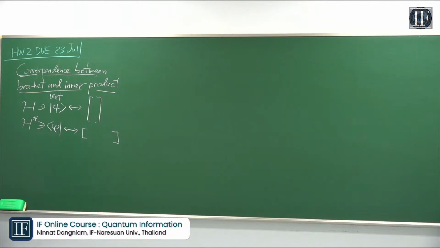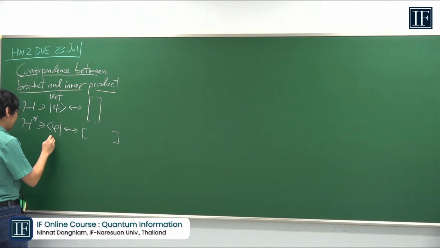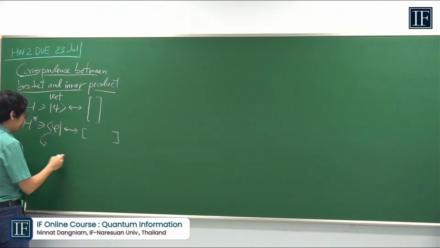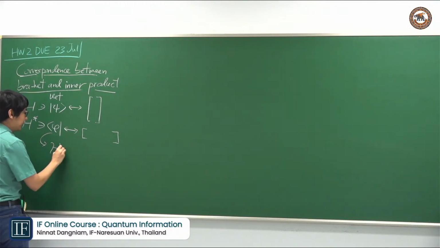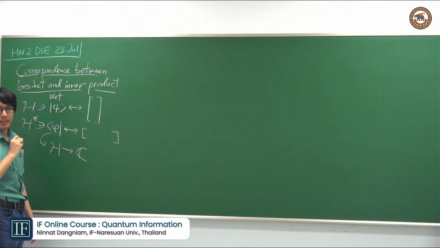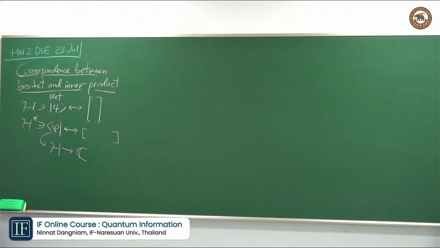More precisely, we're thinking of elements of the dual space as a linear function that takes in a vector from H and returns a complex number. In particular, if you have an inner product, you can already see this kind of mapping.